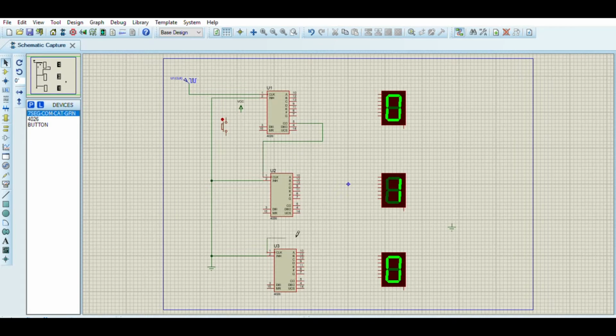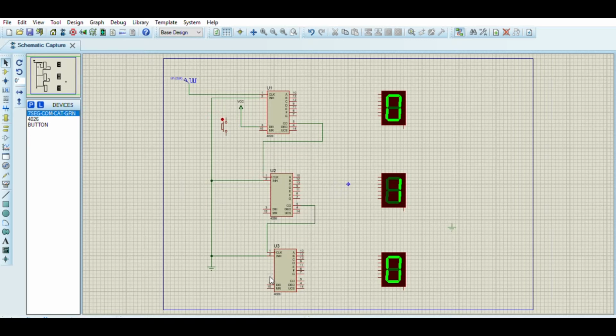Here, pin number 3, which indicates the enable pin, will be connected with the VCC power.